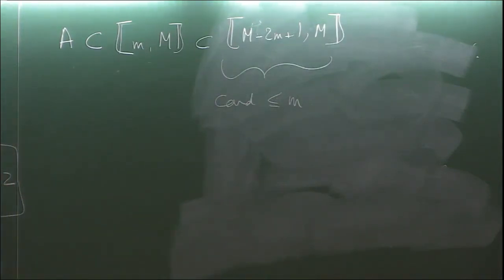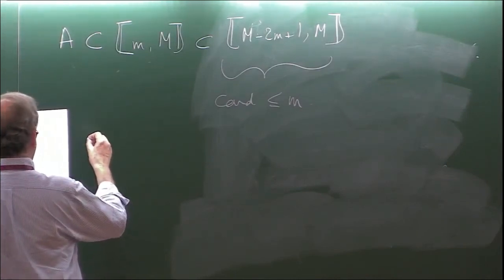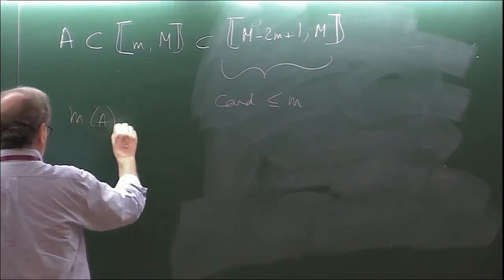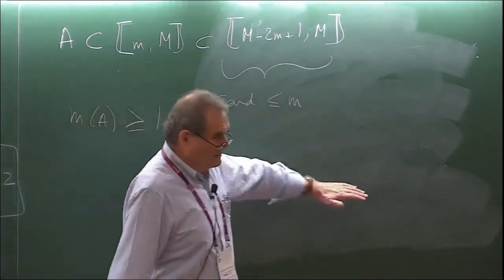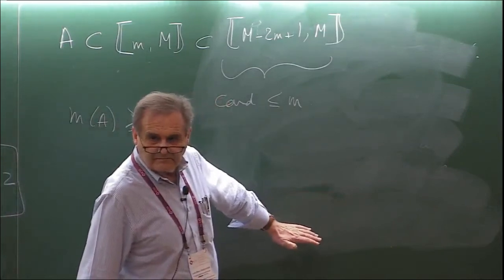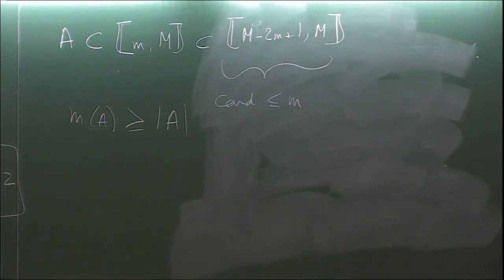We proved that already. You see, it can be the union of two sets which are shifted and so on. So this gives you that capital M of A is larger than the cardinality of A, which was the first statement we had, that little m has to be at least the cardinality of A. This is the way we prove what are the only sets for which the cardinality is exactly n over 2.